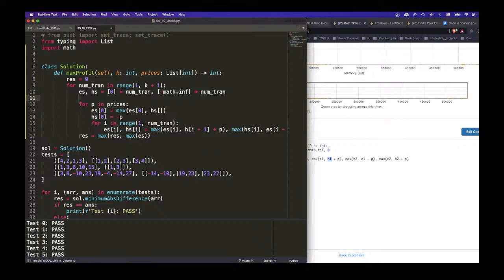the first empty state, so to reach empty state, we need the holding state to go to empty state, right? So empty state always equal to maximum, the empty state, or the holding state, which is the same holding state, plus P. And a holding state, right?